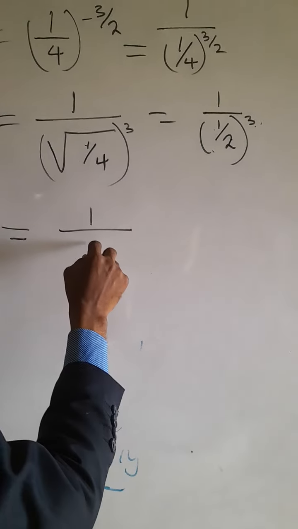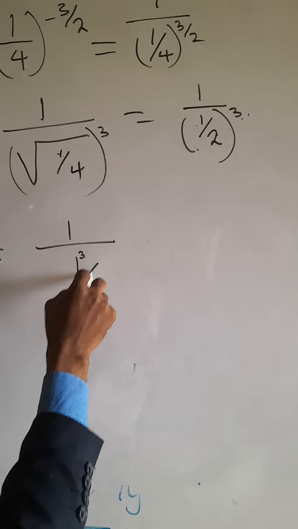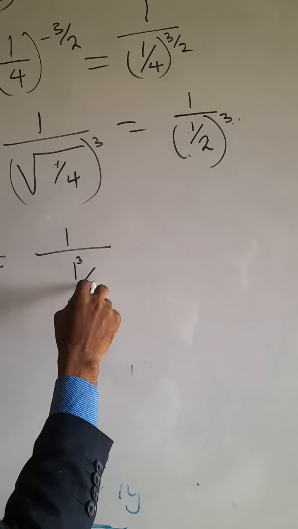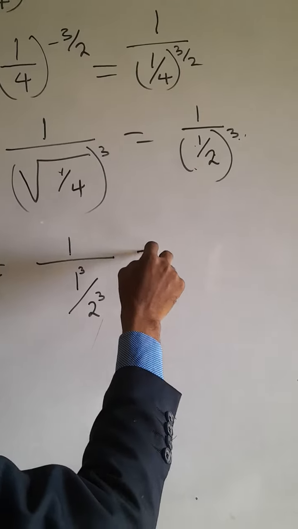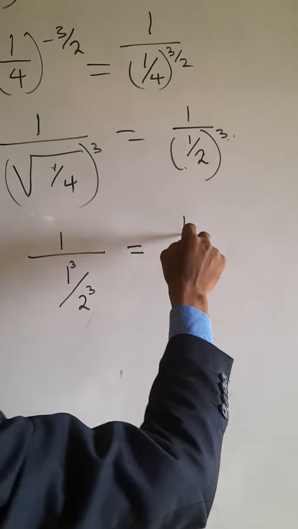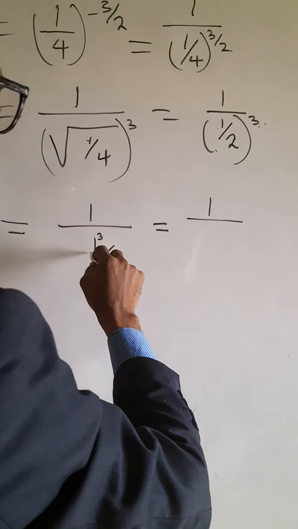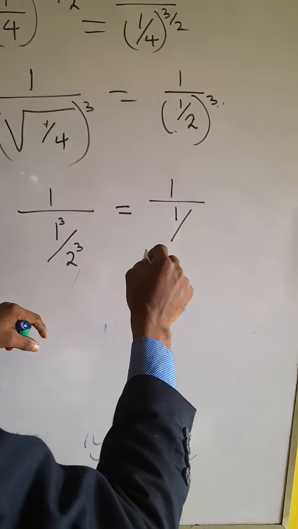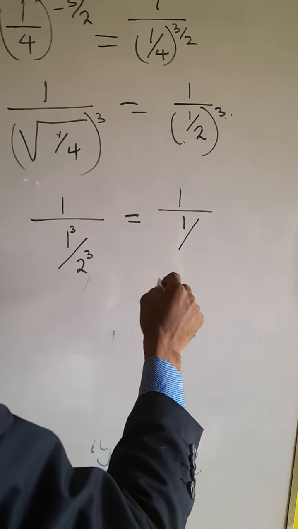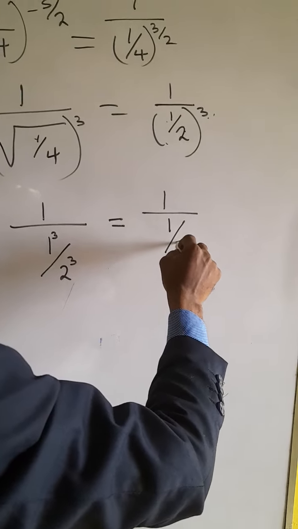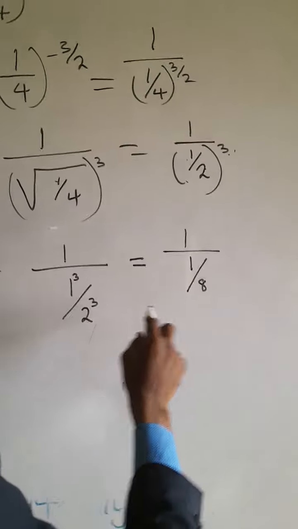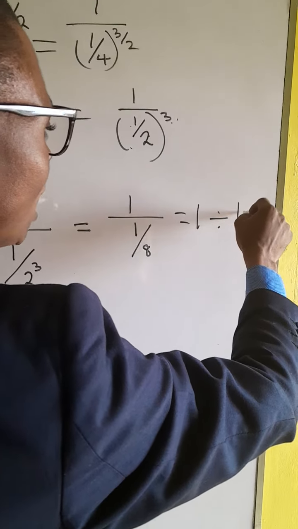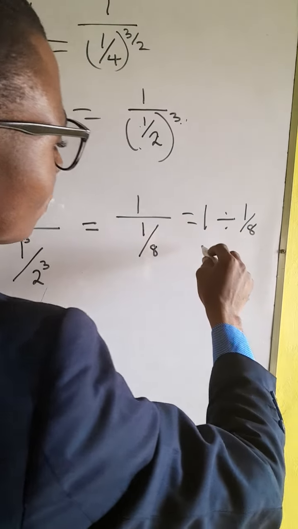So I'll write it as 1 raised to the power of 3 divided by 2 raised to the power of 3. This will be equal to 1 divided by 1 raised to the power of 3, 1. 2 raised to the power of 3, that's 2 times 2 times 2, to 3 places, to give us 8. Now, write it as 1 divided by 1 divided by 8.